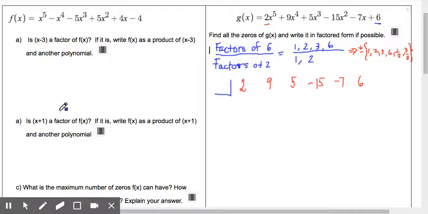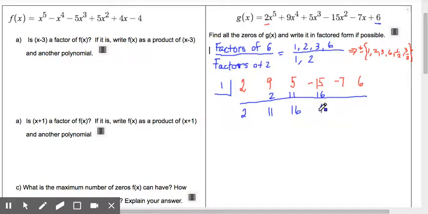Okay, so let's test our first 0. So we're going to start off with 1. See if 1 works. So we bring down, first step is bring down 2. Multiply 2 by 1, we get 2. Then we add 9 plus 2 is 11. 11 times 1 is 11. 5 plus 11 is 16. 16 times 1 is 16.